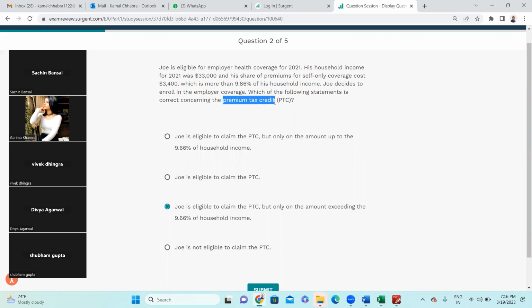How much? The entire amount, or more than 9.66 or less than 9.66? Less than. The PTC ratio is between 7 and 8%, I don't know the exact figure. This one or second? Just try the first one.